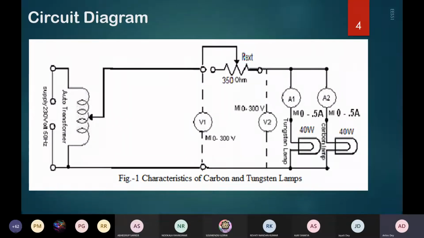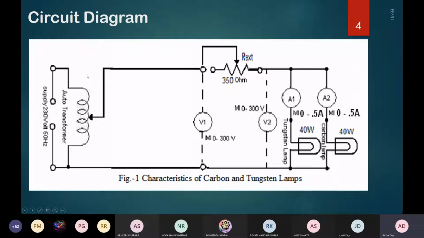So from here, this will be connected first to rheostat, and through rheostat there are two parallel paths, and in this parallel path we'll connect carbon lamp and tungsten lamp. We'll connect two ammeters for the carbon and tungsten lamp in series, so that we can see the branch current. And then across the lamp we'll add one voltmeter, through which we'll find the voltmeter reading across the lamps.